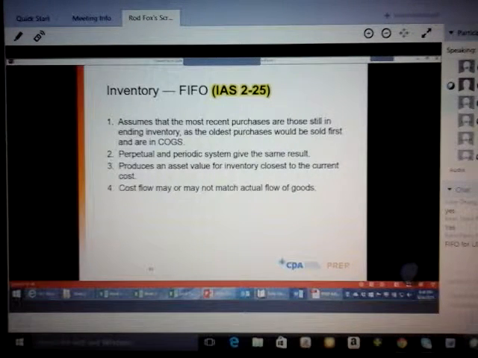FIFO means the very first product you put in inventory is the first one you get rid of when you record your cost of goods sold. I like to think about this in terms of going to the grocery store to buy milk. How many of you grab the milk from the back? You know they stock all the milk by its due date, so I always want the freshest milk and I always reach for the back.